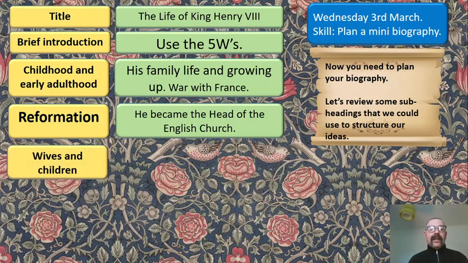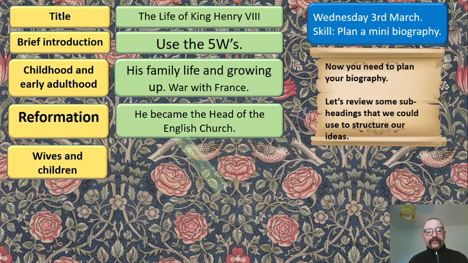Okay, good. So obviously something we've discussed in detail in the afternoons, and we did our family tree at the beginning of the week. So wives and children, and we've all kind of agreed, I think, that when somebody says Henry VIII, we automatically think of his wives and what happened to them.